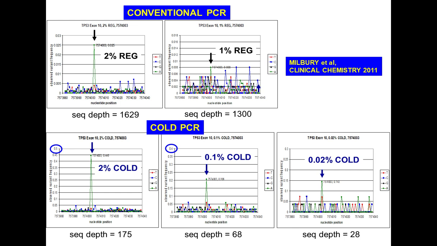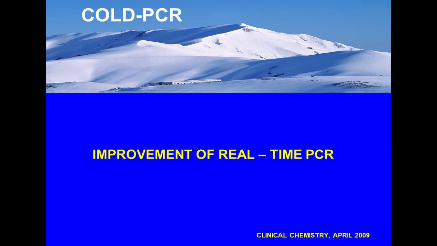By enriching the mutants, you bring them to a high enough level that 28 reads are enough to show the signal. So 2 advantages: increasing the signal to noise ratio and a reduction in the number of sequencing reads that you need.